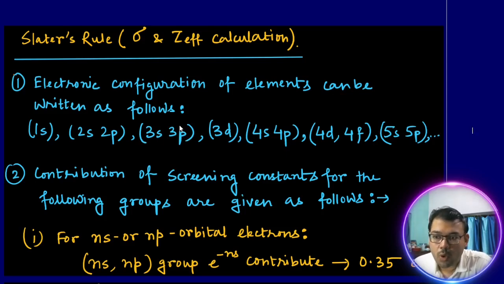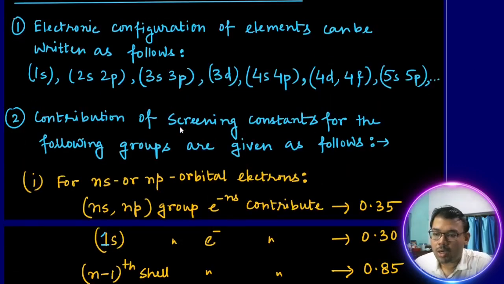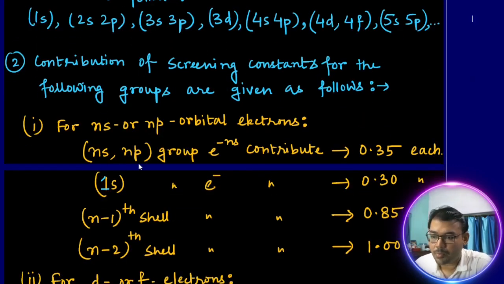So the 4 electrons contribute 0.35 each to the shielding constant. The same ns np group contributes 0.35 each, except the 1s group, whose electrons contribute 0.30 each.